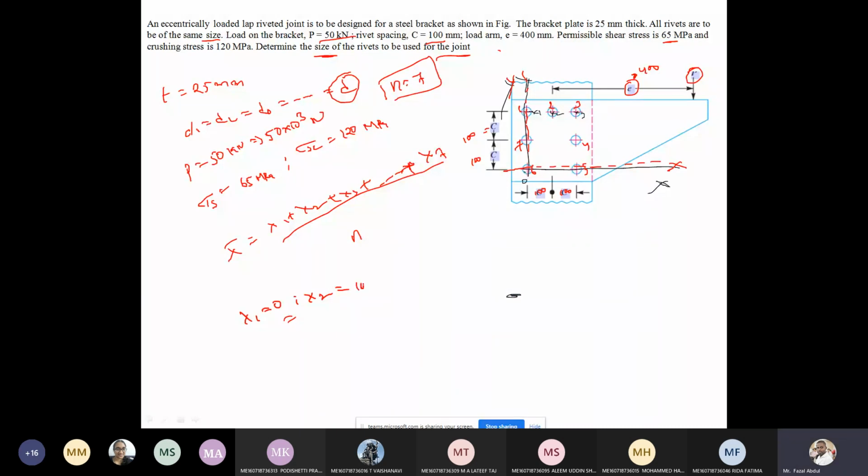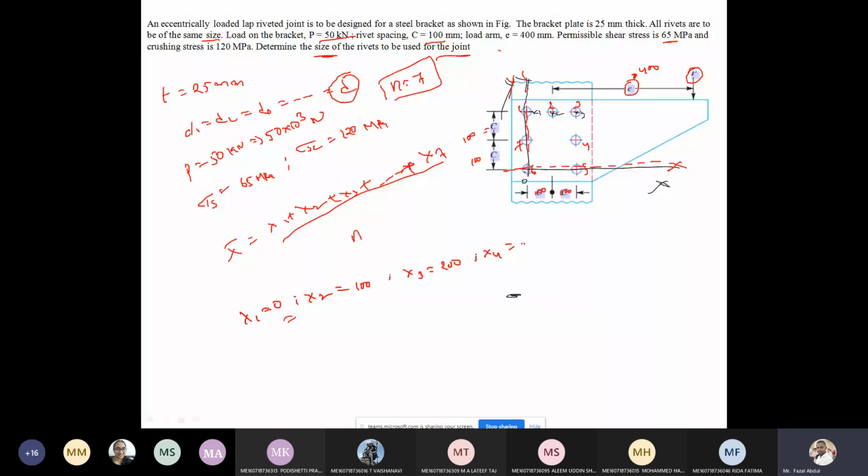Very good. What is x3? X3 how much, Babu? 200. Very good. What is x4? Just see the figure and tell me.